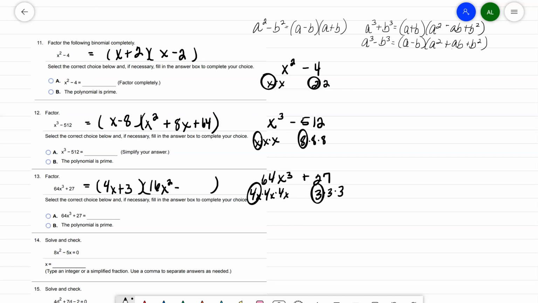Minus a times b, 4x times 3 is 12x, plus b squared, since b is 3 and we square it, 3 times 3 is 9. And you're done. So 11, 12, and 13 are factored using the correct formula for that particular binomial, and you'll have your formula sheets for that.